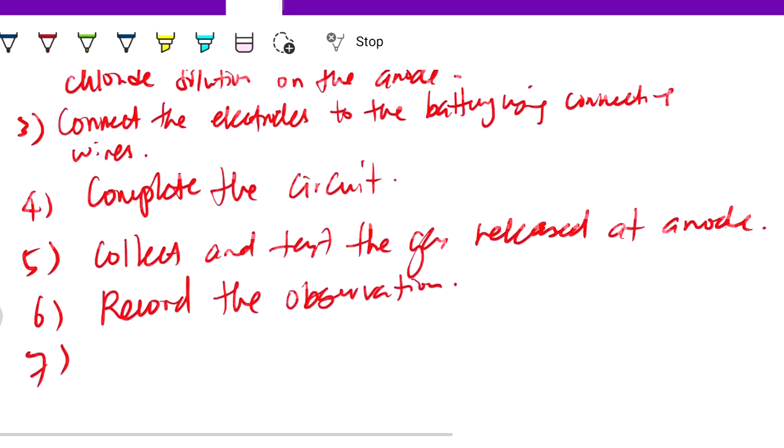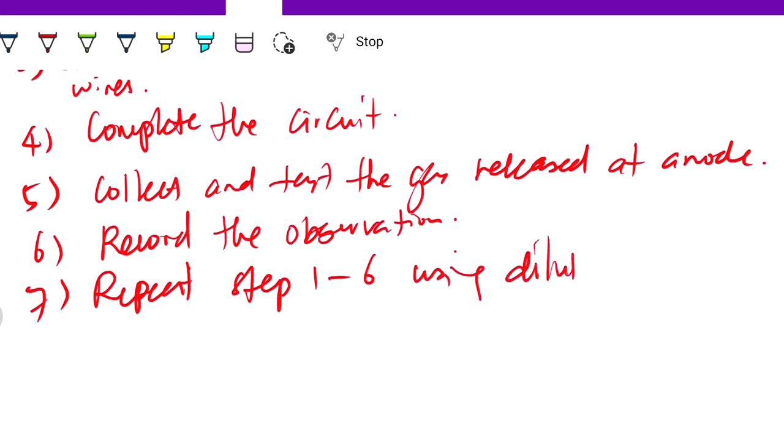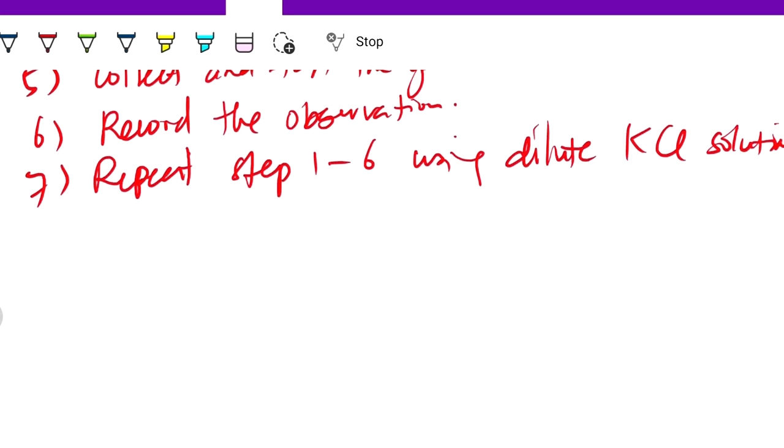Then finally, repeat steps 1 to 6 using dilute potassium chloride solution.